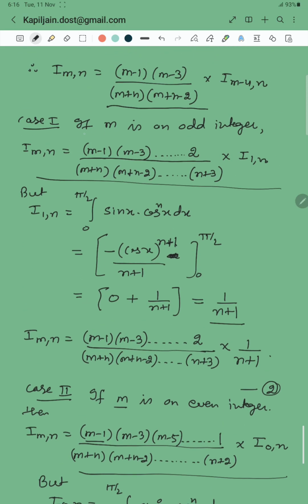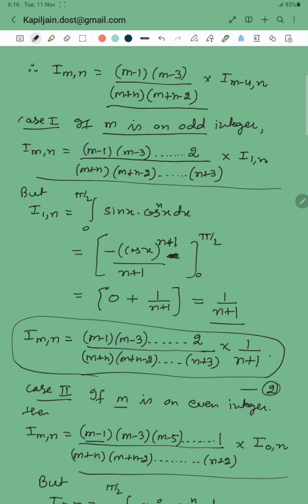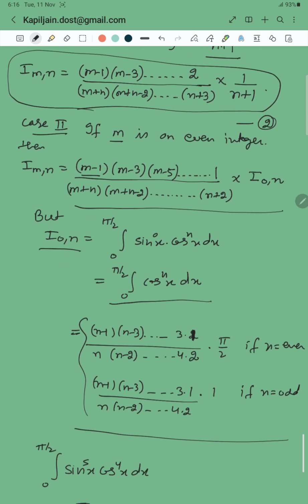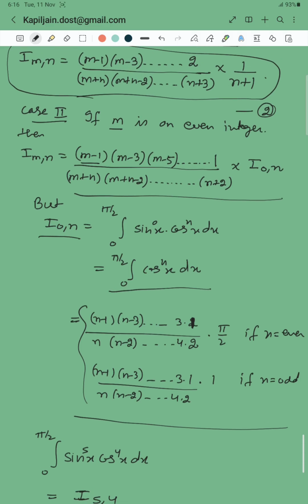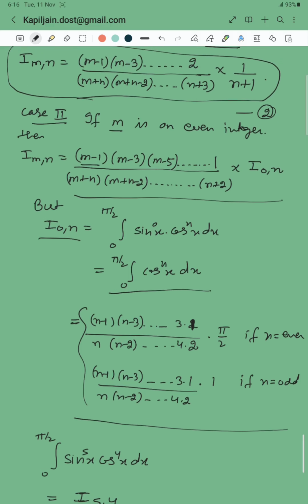In case 1, m is an odd integer, the formula is this, so we use this formula to solve our integral. (m minus 1) into (m minus 3) and so on up to 2, divided by (m plus n) into (m plus n minus 2) and so on, (n plus 3) into (n plus 1).